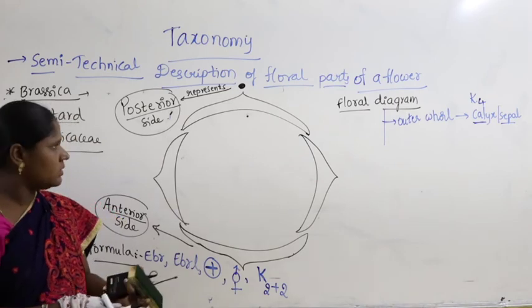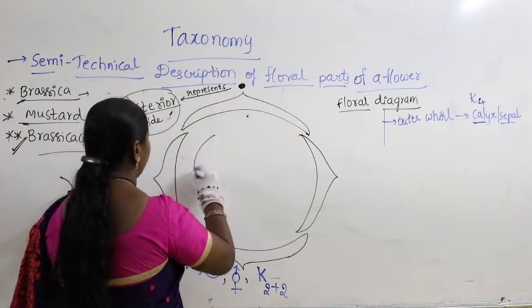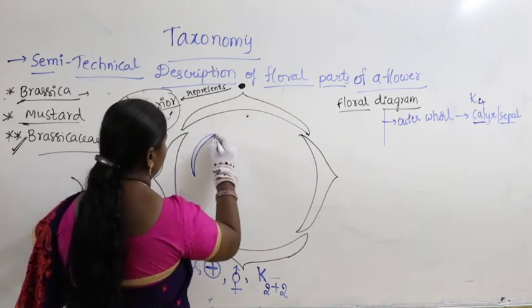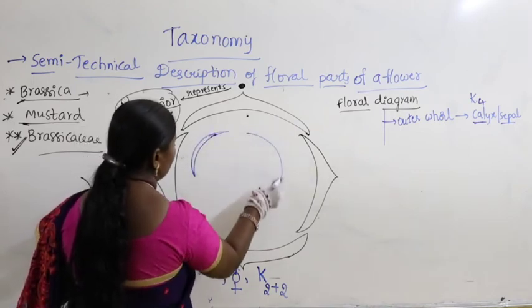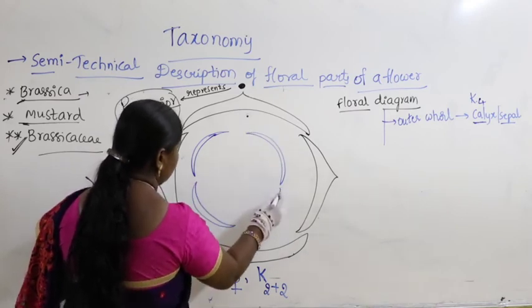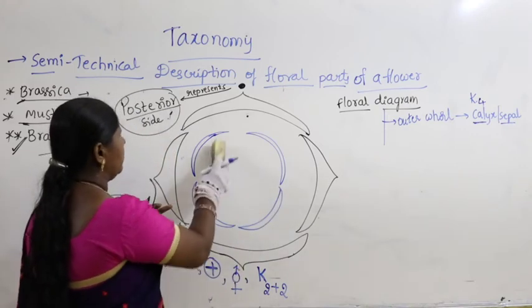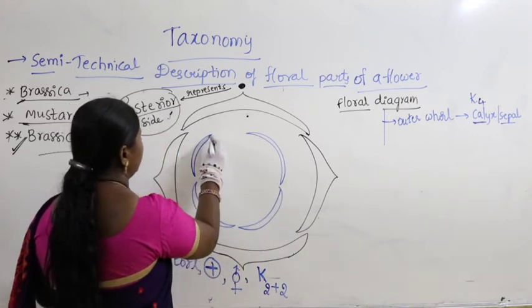Now let's go inner to this. If you take inner to this one, we find the corolla. Let us draw it like this. Just draw somewhat close to this because they are like petals.